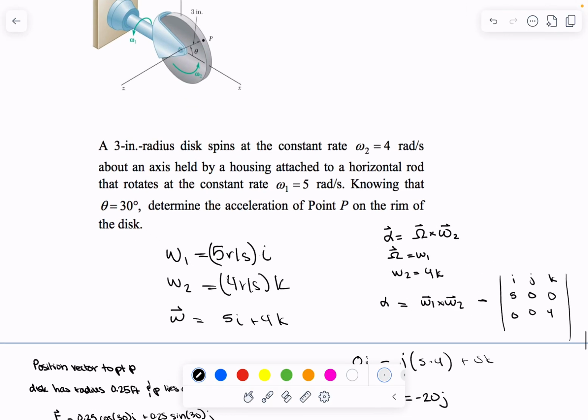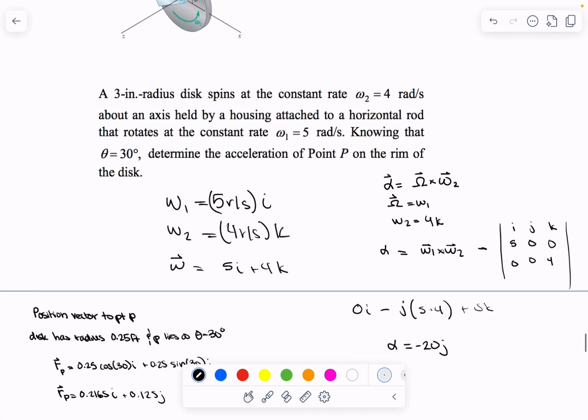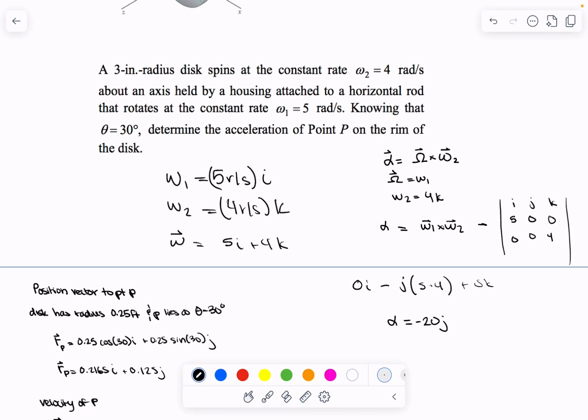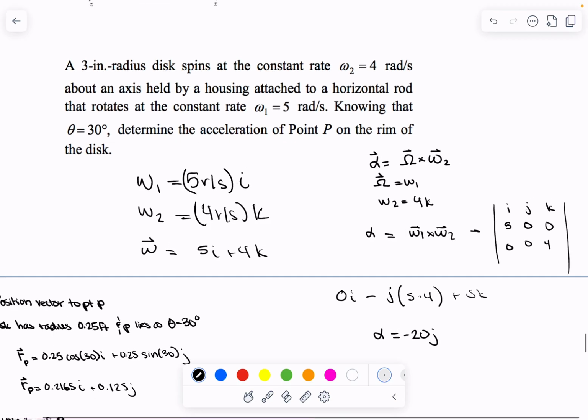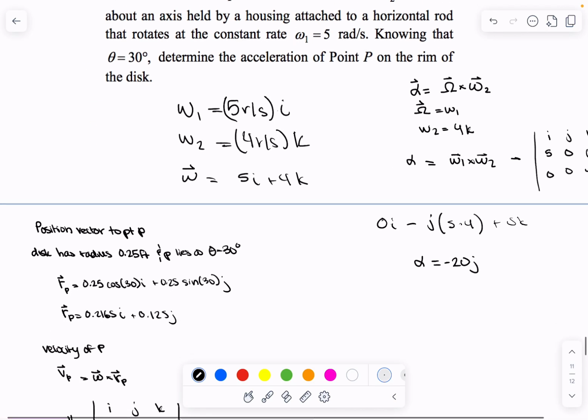So we can write our omega vector as 5I plus 4K. Our alpha is our rotating frame times omega 2, and our rotating frame is just omega 1. So it's the cross product between omega 1 and omega 2, which comes out to 5 times 4j. It's going to be negative 20j because of the way we orient the I, J, K axes.